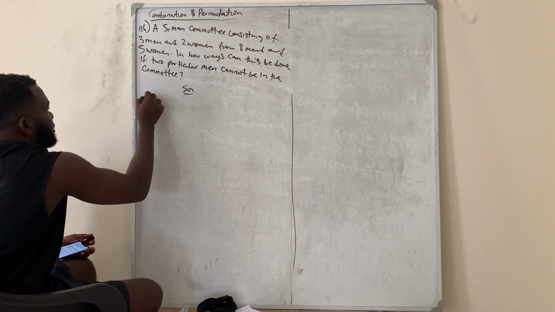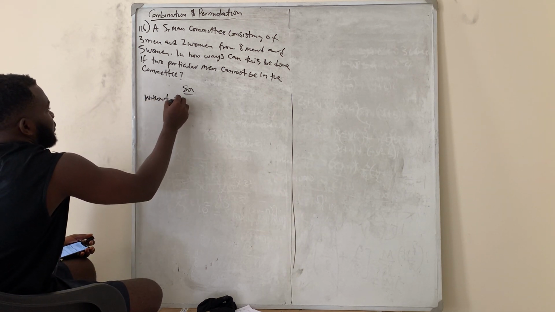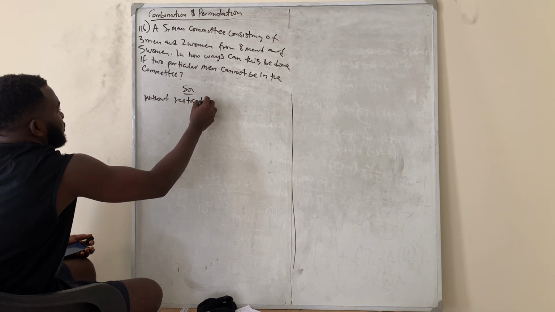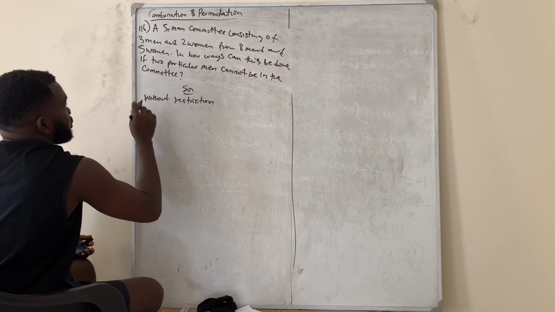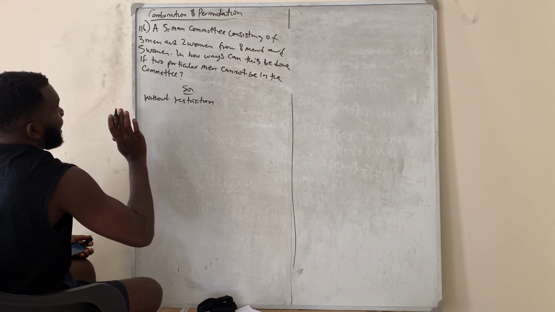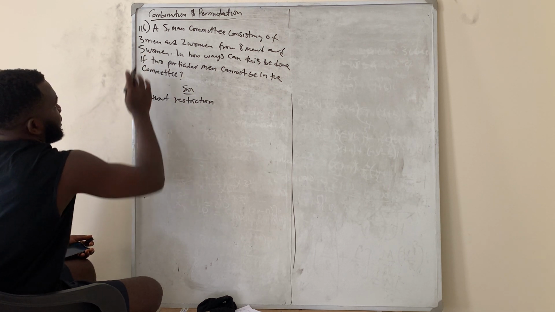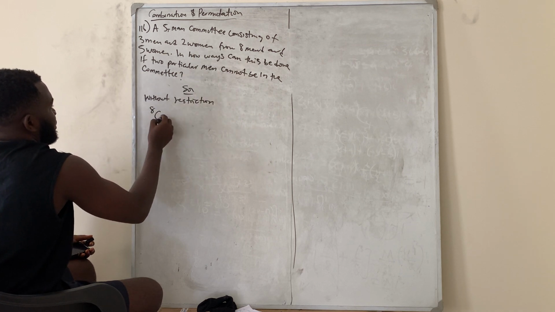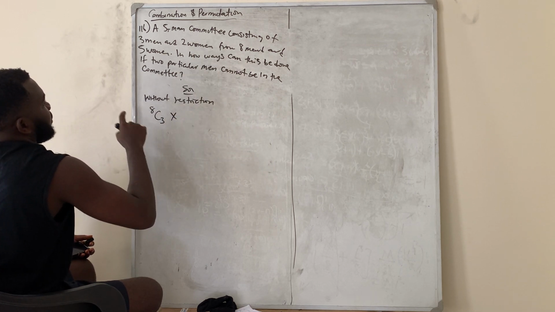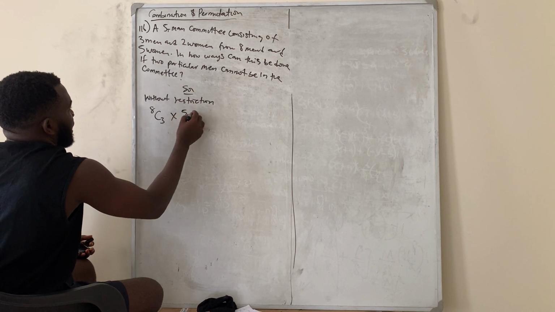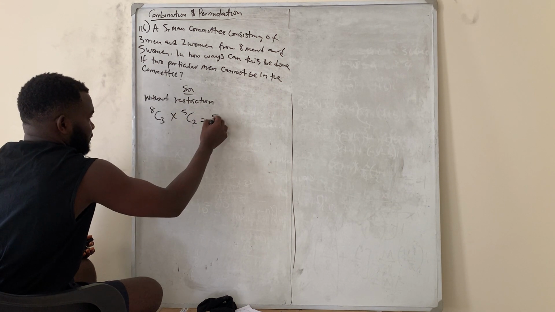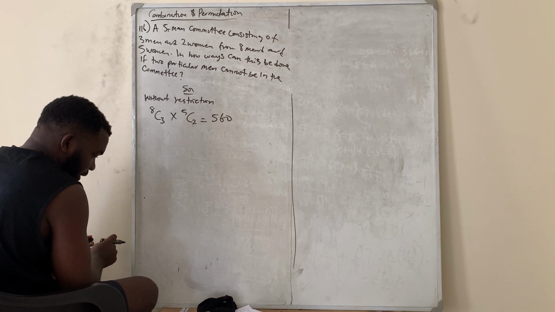So let's get without restriction, which we got that time as 560, but let me repeat it. We are picking 3 men out of 8, so I have 8 combination 3, times 2 women out of 5, so 5 combination 2. Which gave us 560 at that time, if you can remember.